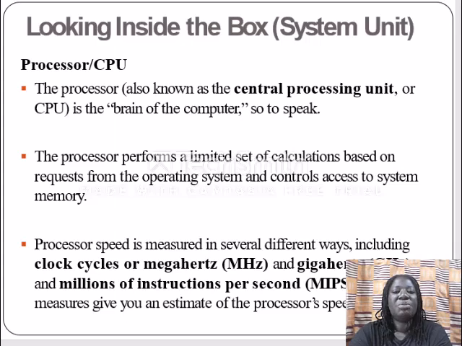The processor speed is measured in several ways, including megahertz, gigahertz, and millions of instructions per second, MIPS. Any of these measurements gives you an estimated processor speed or its power.